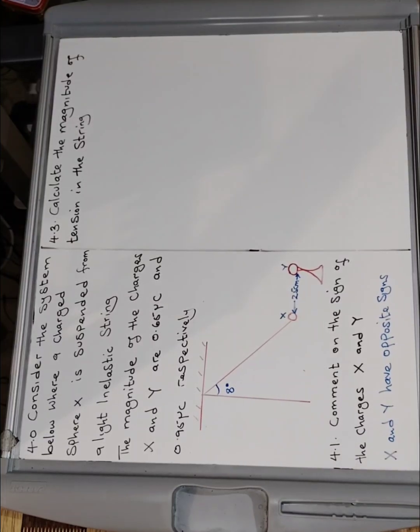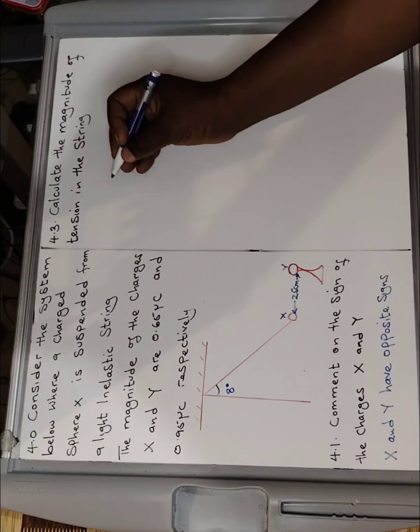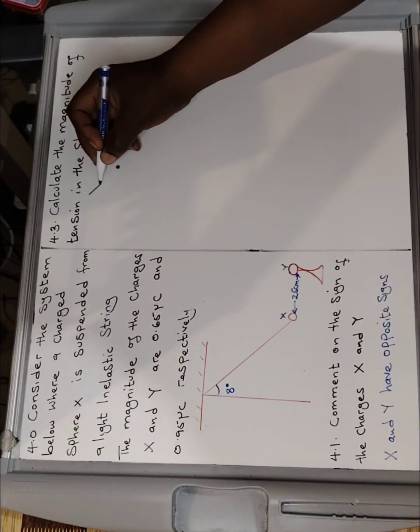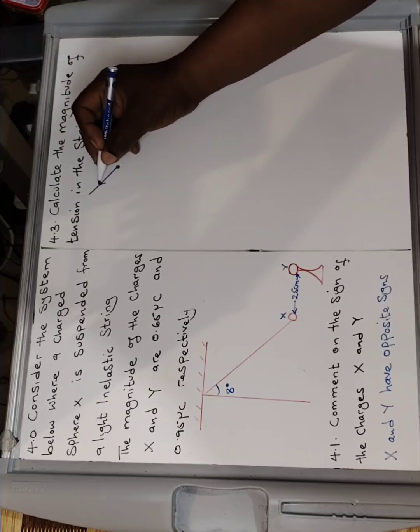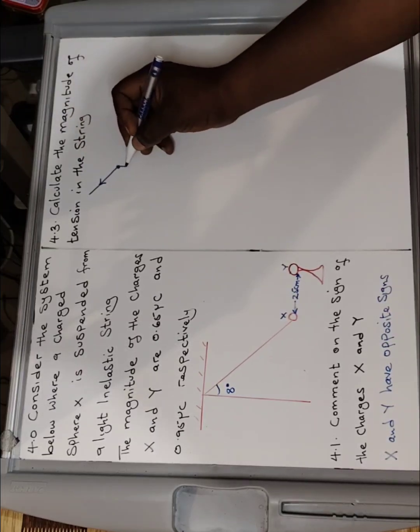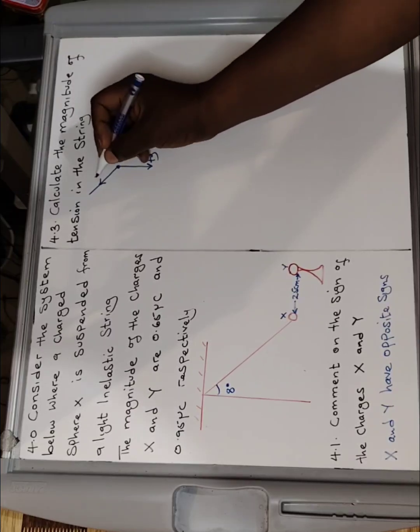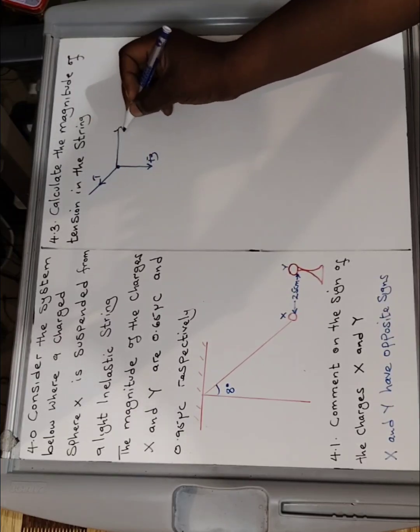Yeah, then comes another question. It says, calculate the magnitude of tension in the string. Okay. How do we go about that? We already know the free body diagram. Let us look at it again. We have our tension, we have our Fg, we have our electrostatic force.